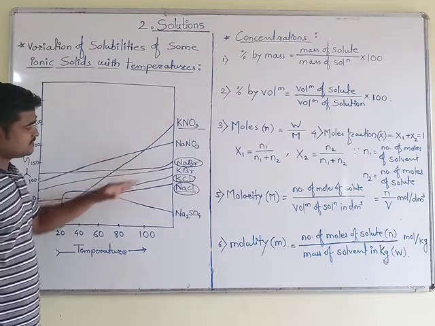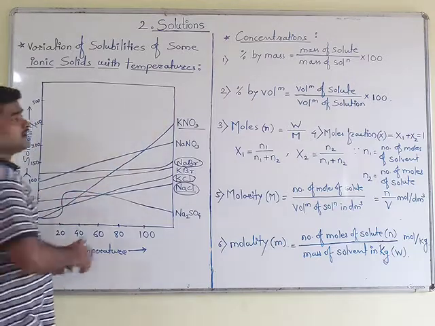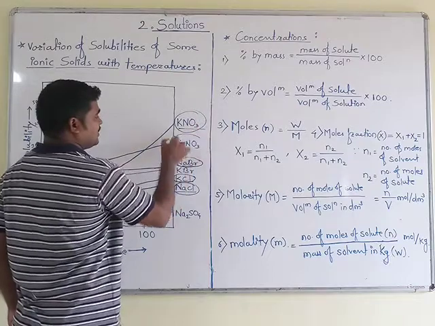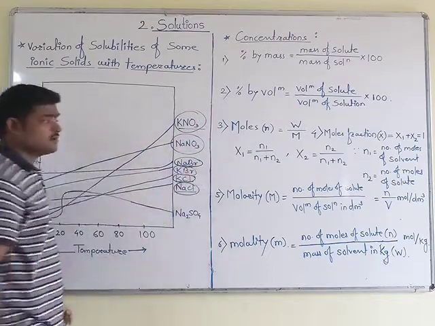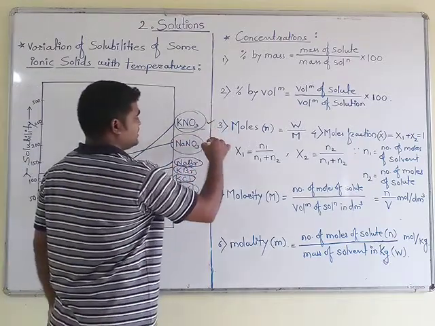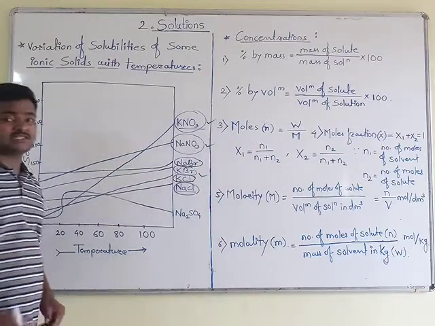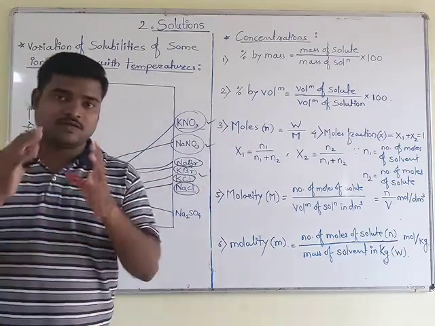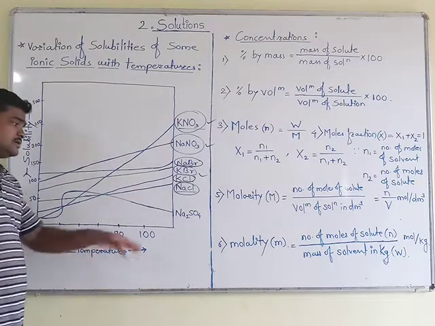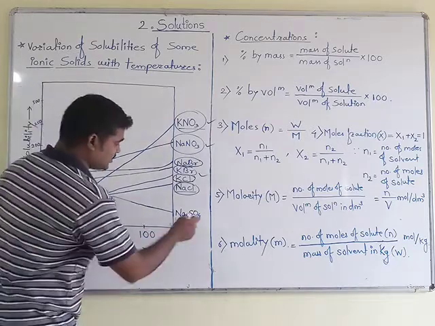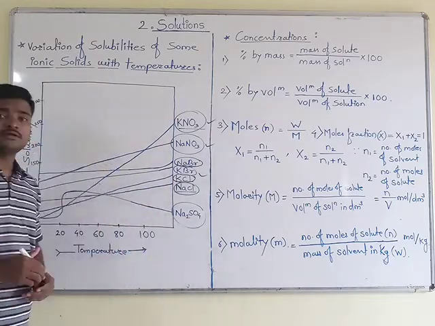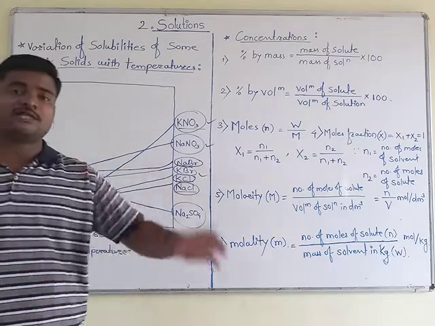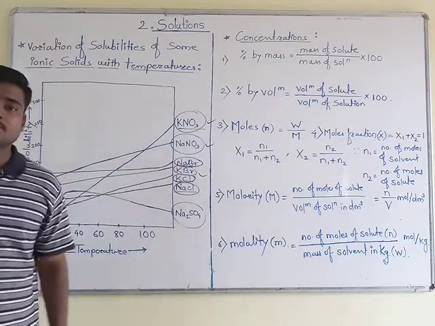Now look at these three graphs: KNO3, NaNO3 and KBr. You will notice that a sharp increase takes place. But one of the ionic solids, sodium sulfate, has a nature different from all of these.